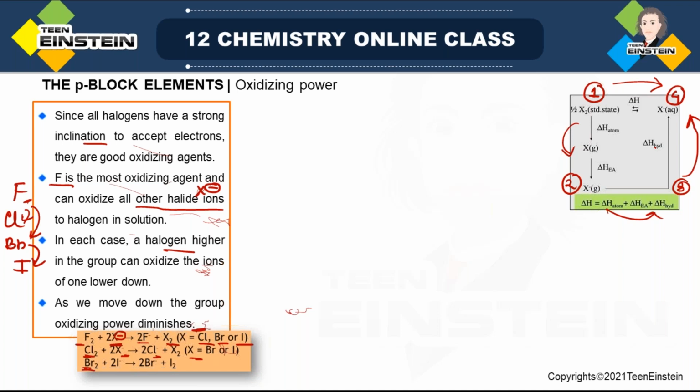But whatever is your direction of moving, in both cases the delta H value will be the same.